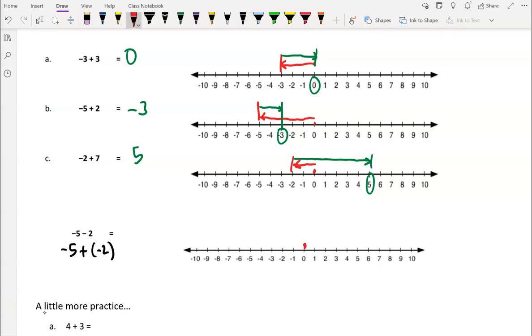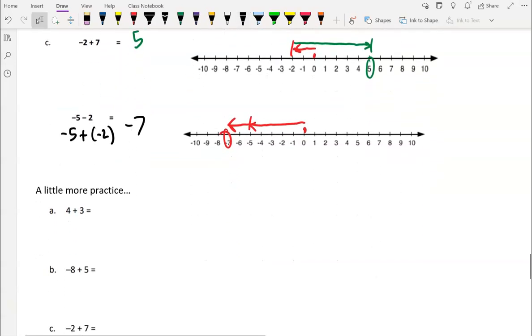So I start at 0, and I go to negative 5. 1, 2, 3, 4, 5. And from there, I go negative 2. 1, 2. And where am I? I am at negative 7. So negative 5 minus 2 is negative 7.